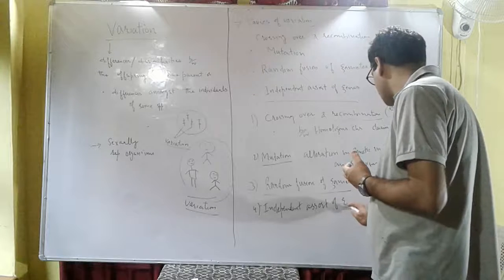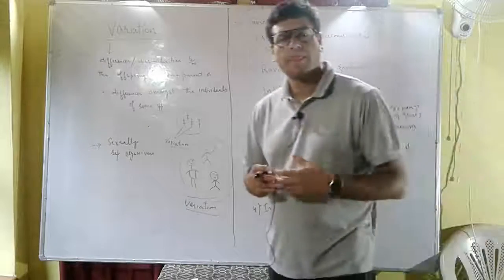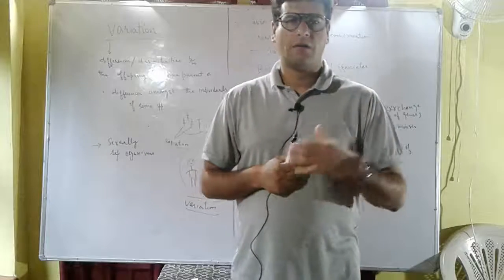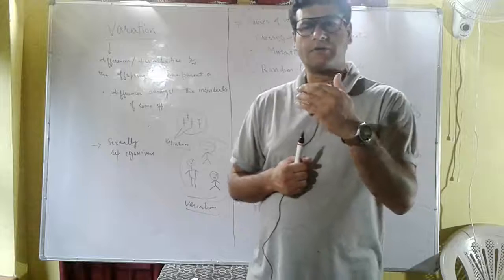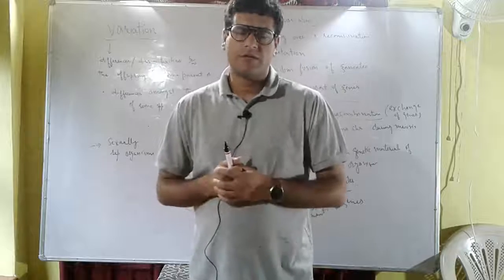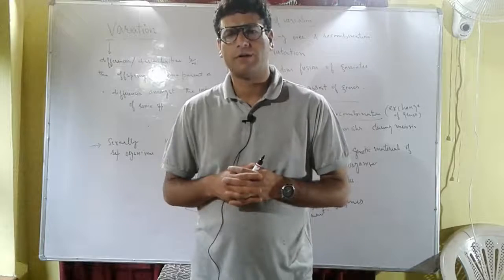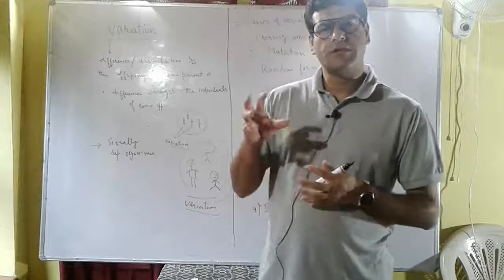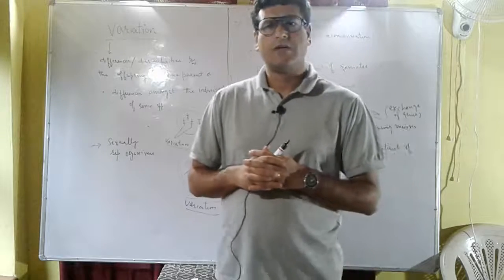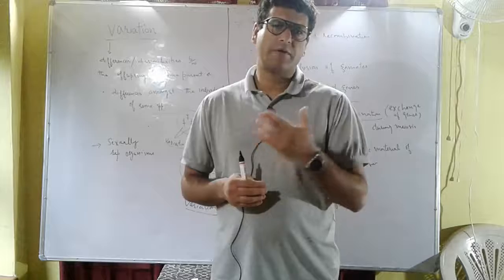Independent assortment of genes states that the genes for different traits are passed from parents to offsprings independently of one another.